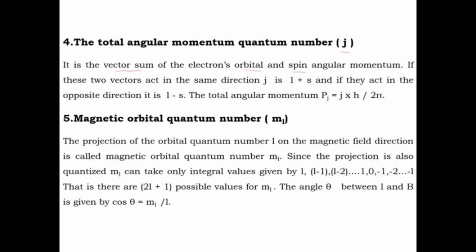Then move on to magnetic orbital quantum number, denoted as Ml. The projection of the orbit quantum number L on the magnetic field direction is called the magnetic orbital quantum number.